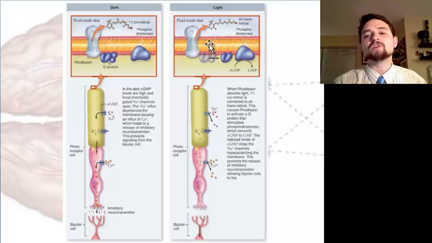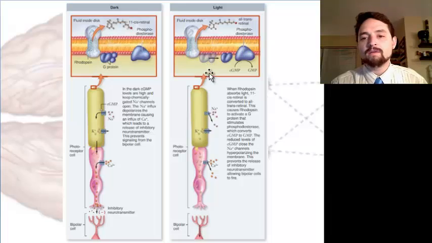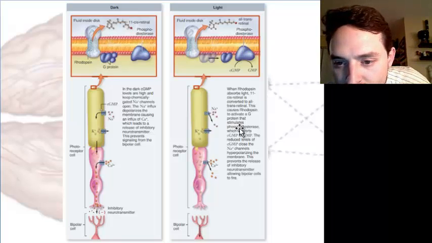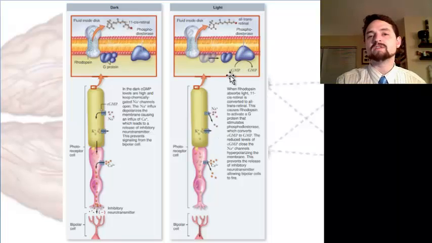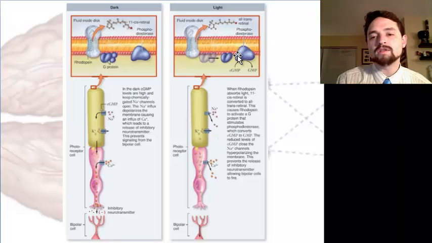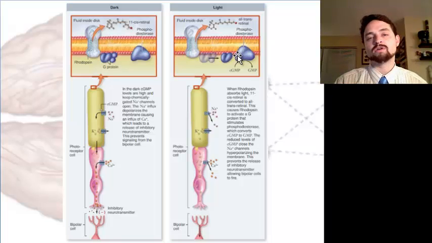Whenever we're in light, however, the cyclic GMP is low because it's being converted to just GMP, and this causes a rhodopsin here to activate a G protein that stimulates phosphodiesterase, which converts that cGMP to GMP, and in doing so, it closes those gated ion channels, because they're no longer getting the signal they need.